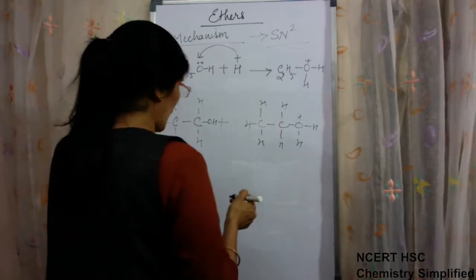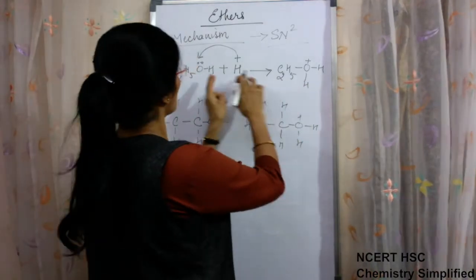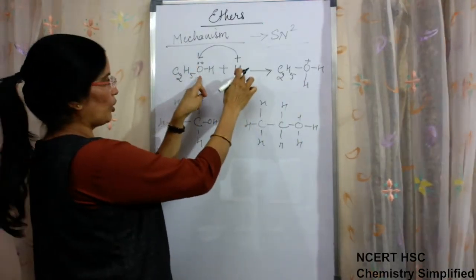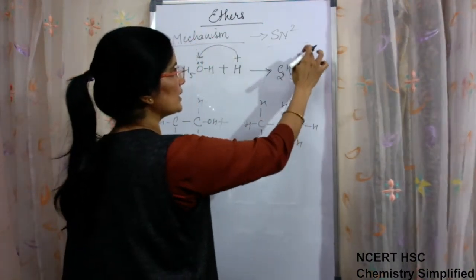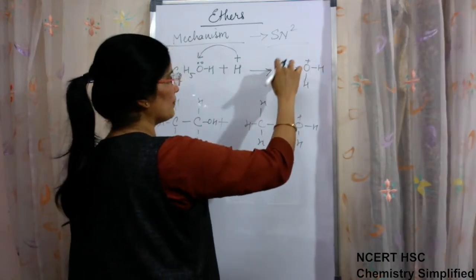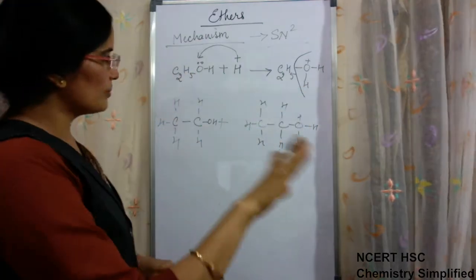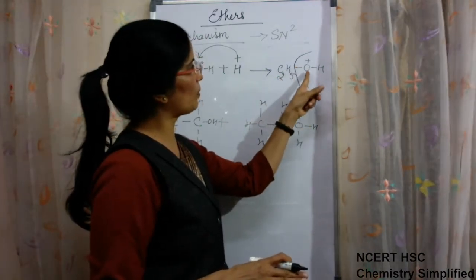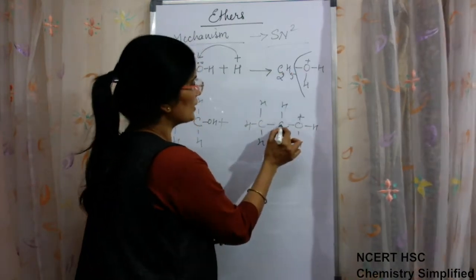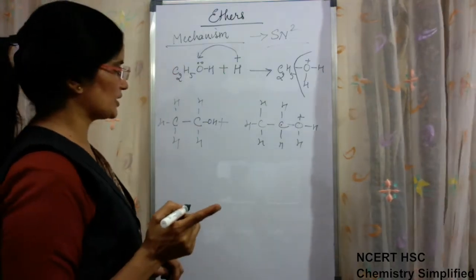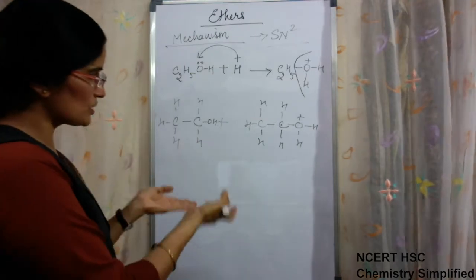Okay. So now what will happen? We know that in case of mechanism, whenever we study, this has made a bond with it, so O acquired positive charge. Now we want to neutralize the positive charge of this O with the help of the carbon atom. So this H2O will be removed from this molecule, taking this bond. When this bond will be taken by this O, then this C will acquire positive charge. Now why are we not writing two separate steps here?